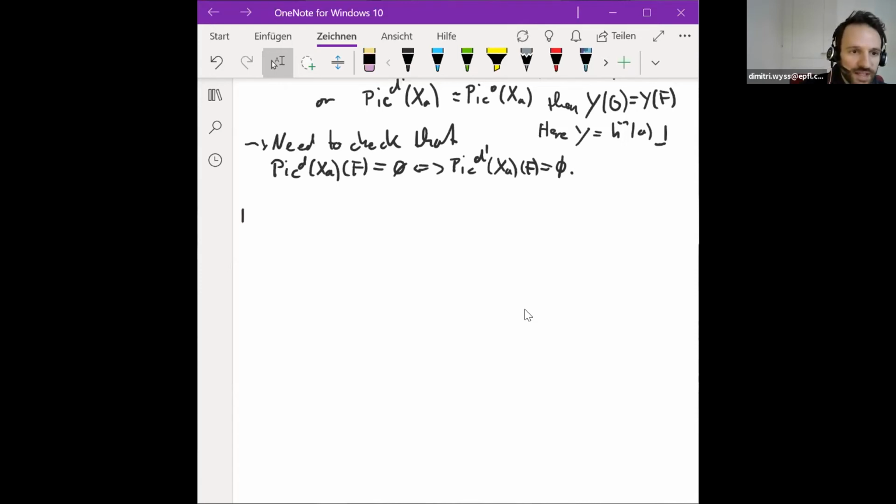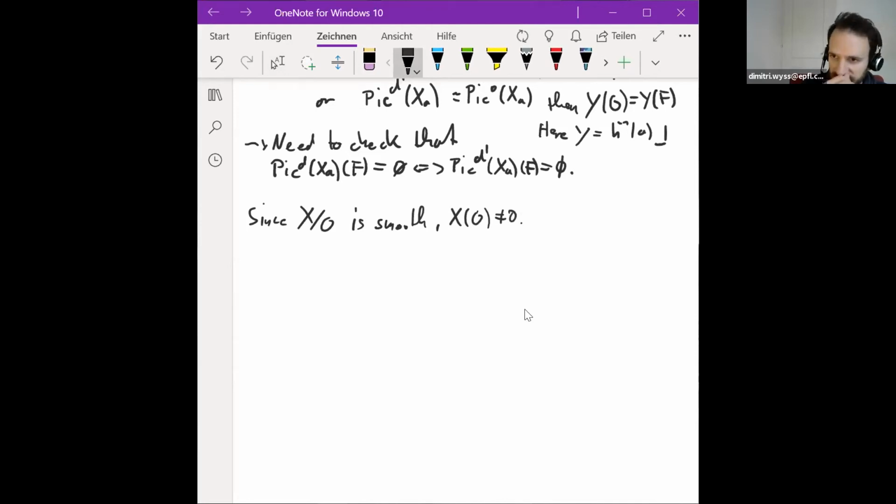So since the base curve over O is smooth, the base curve itself has a section. A smooth curve over finite fields has points, and then you can lift them to an O-point by Hensel's lemma again.